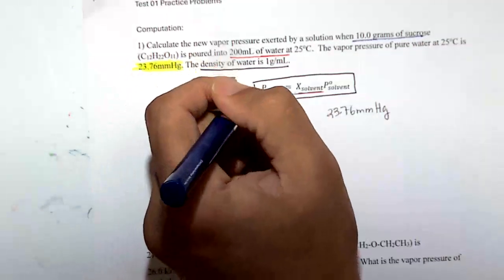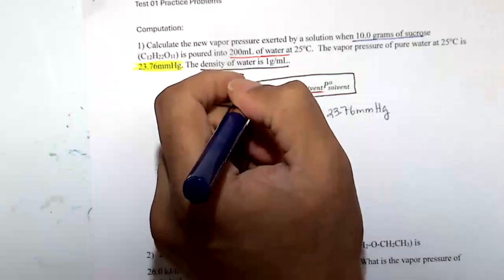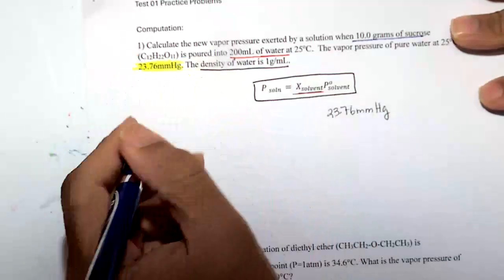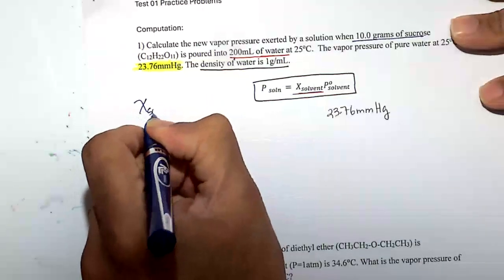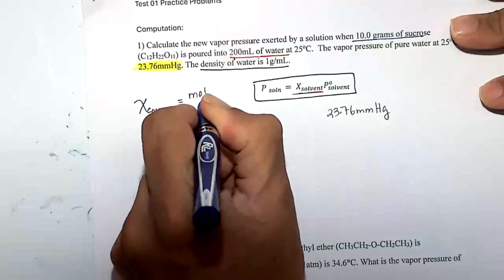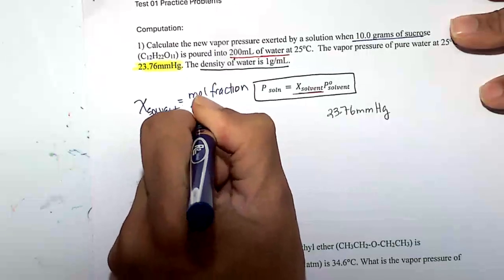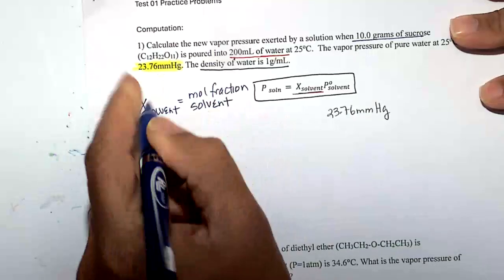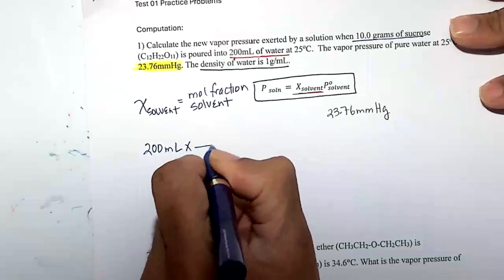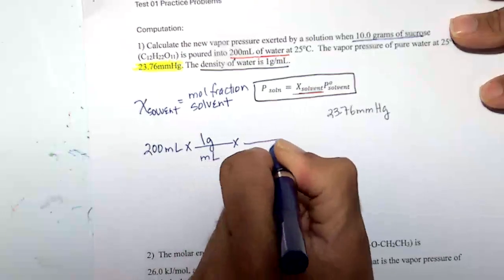All right, so it's saying mole fraction of the solvent. That means solvent in the numerator. Let's put this into moles. So this is mole fraction solvent. Okay, so we have 200 mLs times 1 gram per mil.